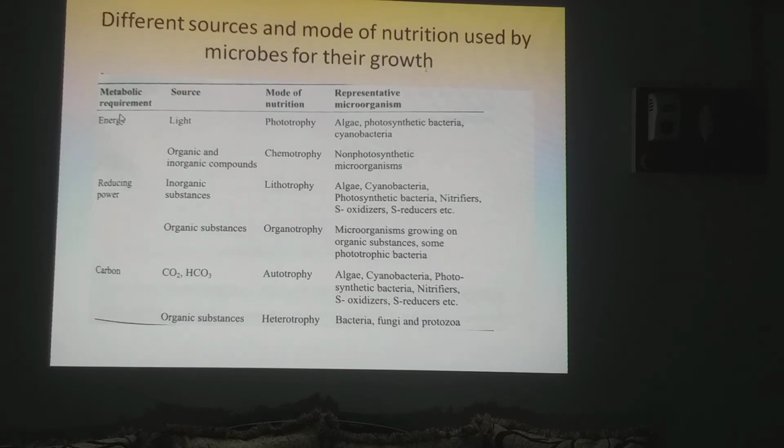The metabolic requirements are energy, reducing power, and carbon. In the case of energy, if the source is light, the mode of nutrition is known as phototrophy. And the representing microorganisms, the examples, are here. Remember them for a better understanding of bacterial nutrition.